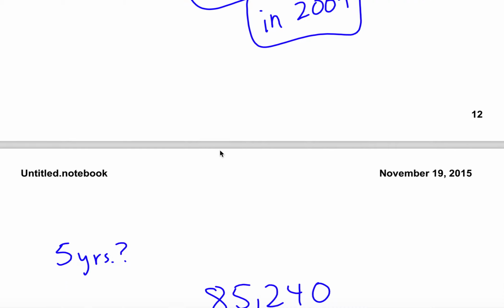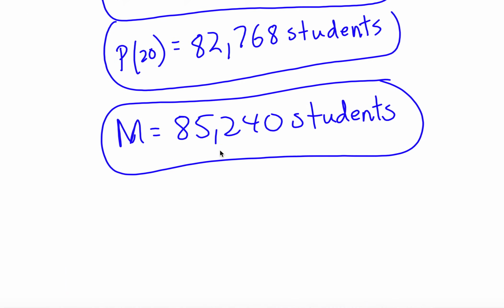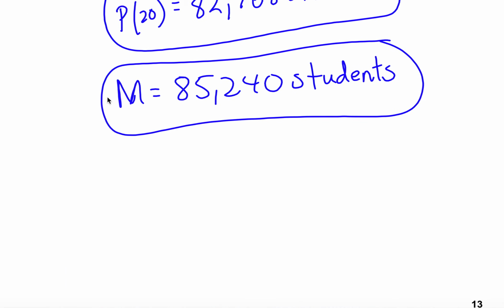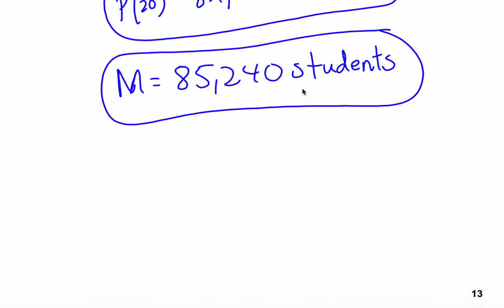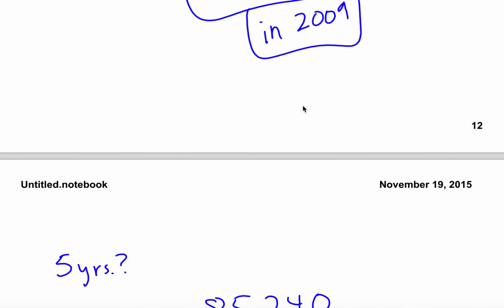And so if you want to find the carrying capacity, you just take the numerator, and that is how many students you can actually have at that school. So ASU can only handle 85,240 students overall. It may actually change at some point in the future, but that's what the value is right now. And that's how logistic growth models work.